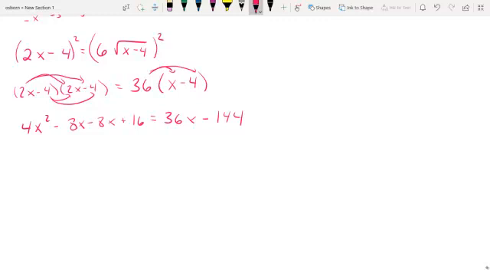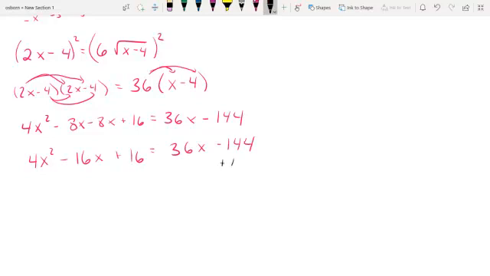Alright, at this point I'm going to combine my like terms on my left side. So I have 4x squared minus 16x plus 16 is equal to 36x minus 144.